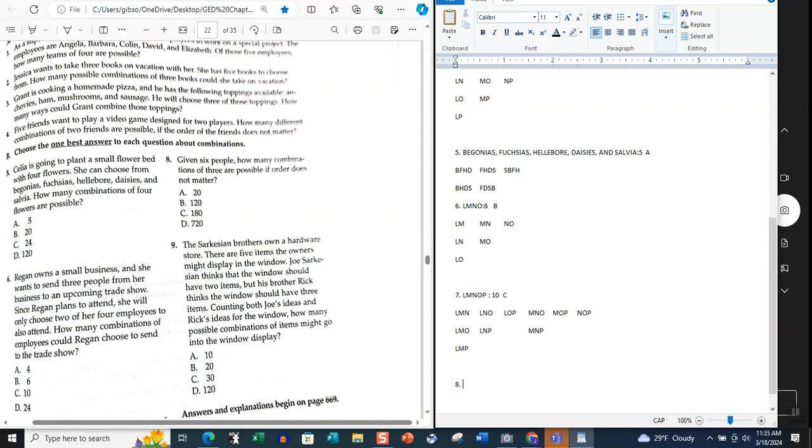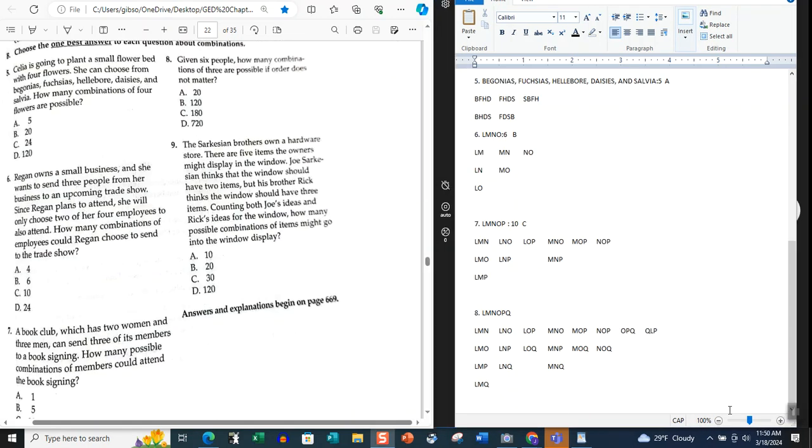Okay, number 8. It says, given 6 people, how many combinations of 3 are possible if order does not matter? Okay, class, as you see here with number 8, I have 18 different combinations. Now, remember, when we're doing these problems, it tells us to choose the one best answer to each question about combinations.